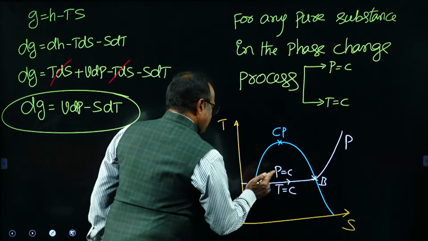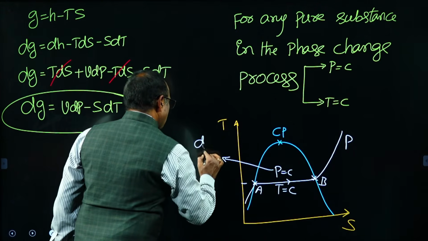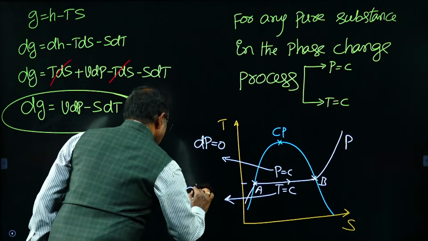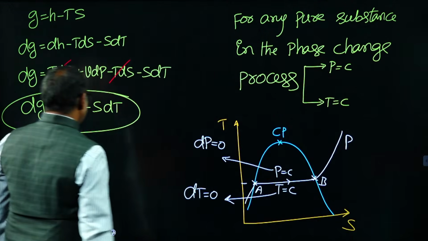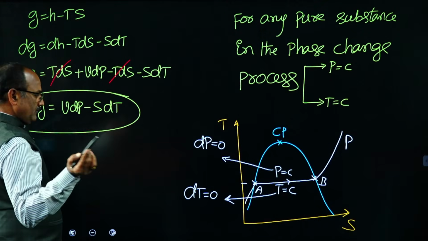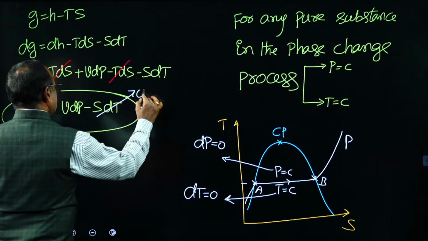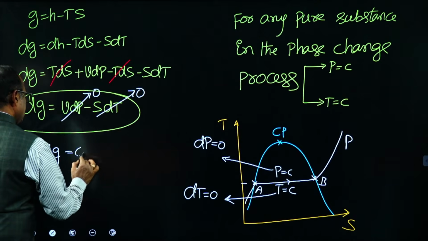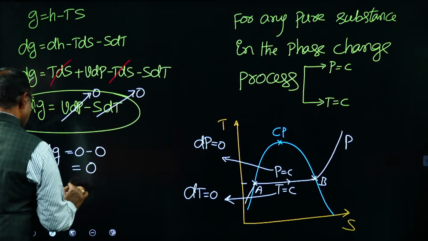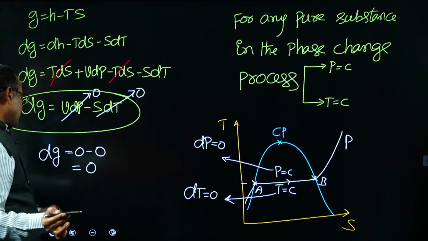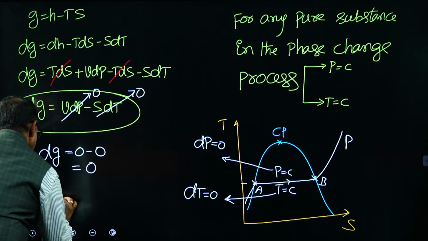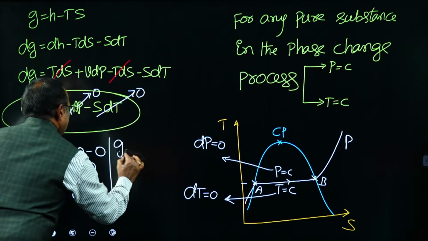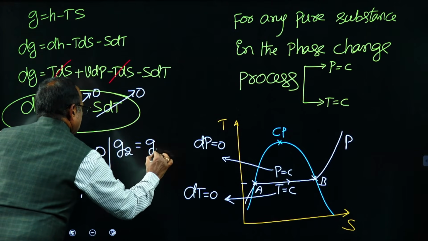If pressure is constant, what about dP? It is 0. Similarly, since temperature is constant, dT equal to 0. That means for the phase change process of any pure substance, dT equal to 0 and dP equal to 0. Then what is dG? dG equal to 0 minus 0 equal to 0. That means the change in Gibbs function is 0, written as G2 minus G1 equal to 0, or G2 equal to G1.